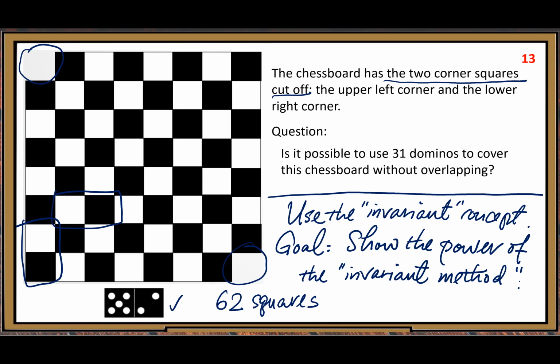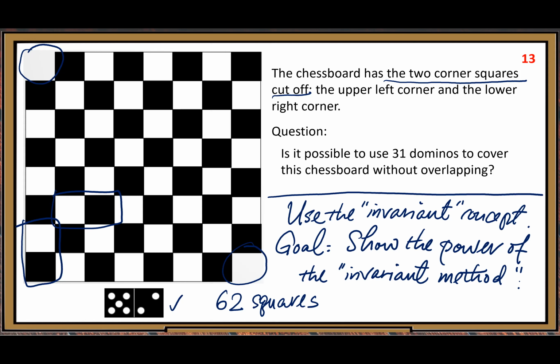But you need to discover the invariant, because it is hidden. It's not easy to discover. You need to really put in some effort to discover the hidden invariant.